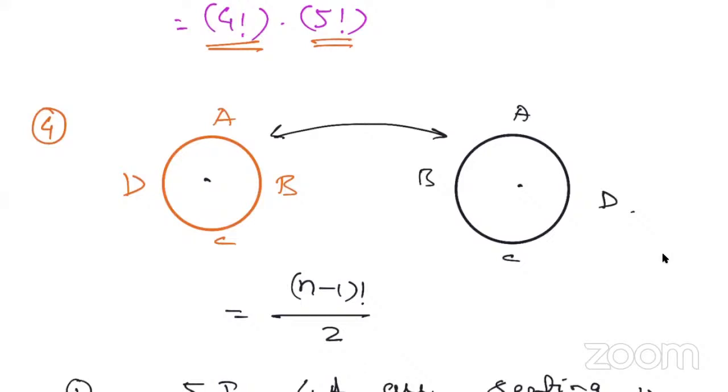In those cases you have to take n minus 1 factorial, but all the arrangements of clockwise and anti-clockwise are same, so we have to go with half of this. Okay.